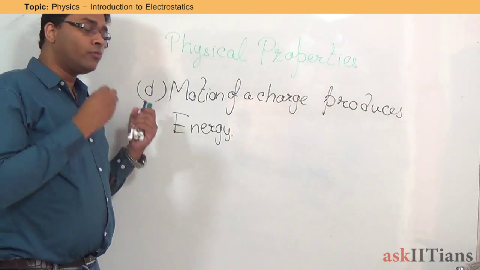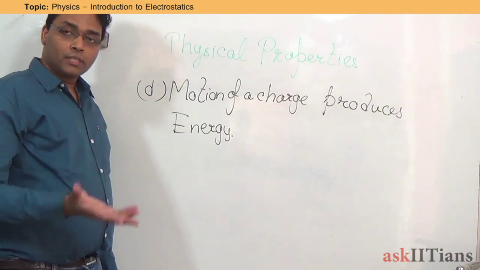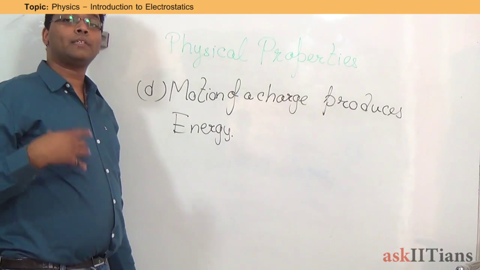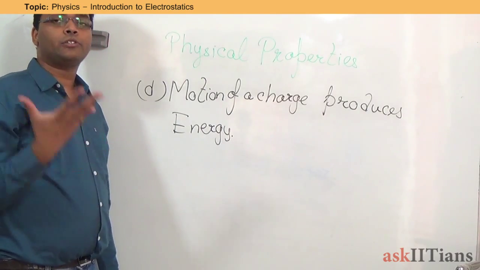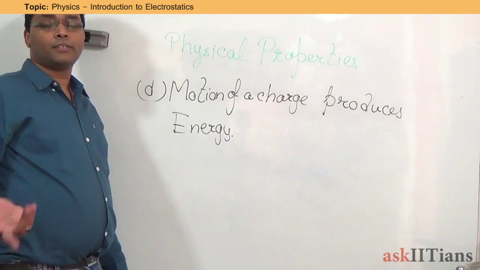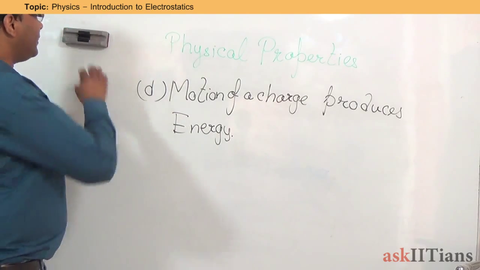When the charge is moving from one point to the other, obviously there is a motion taking place and the charge is going to be radiating out energy when it's moving from one point to the other, effectively producing an electric current. When there is an electric current flowing in a particular circuit, obviously there is going to be electrical energy associated with it, right?